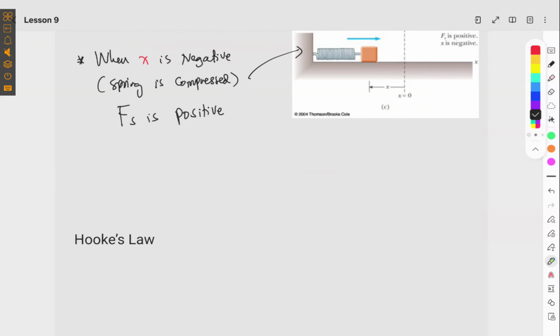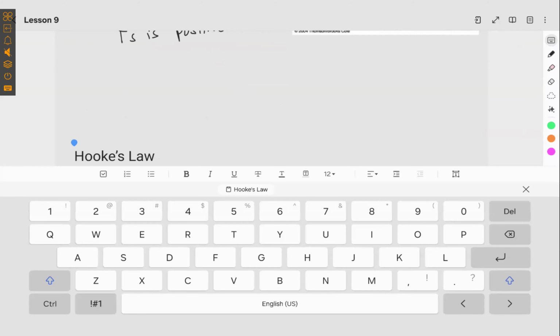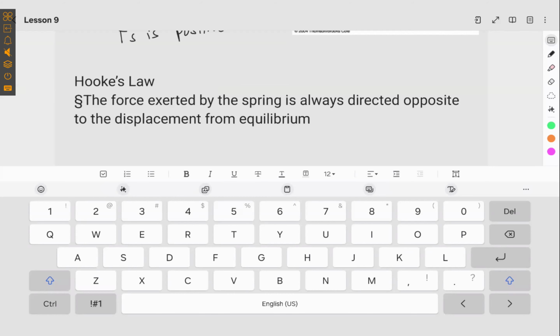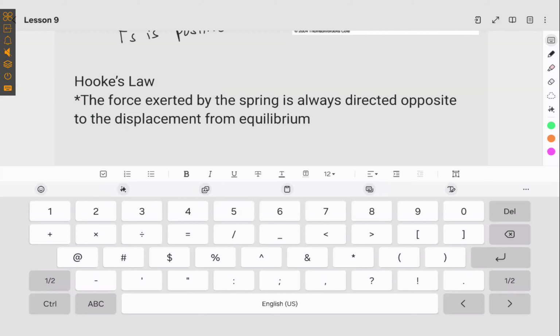So Hooke's law says that the force exerted by a spring is always directed opposite to the displacement from the equilibrium.